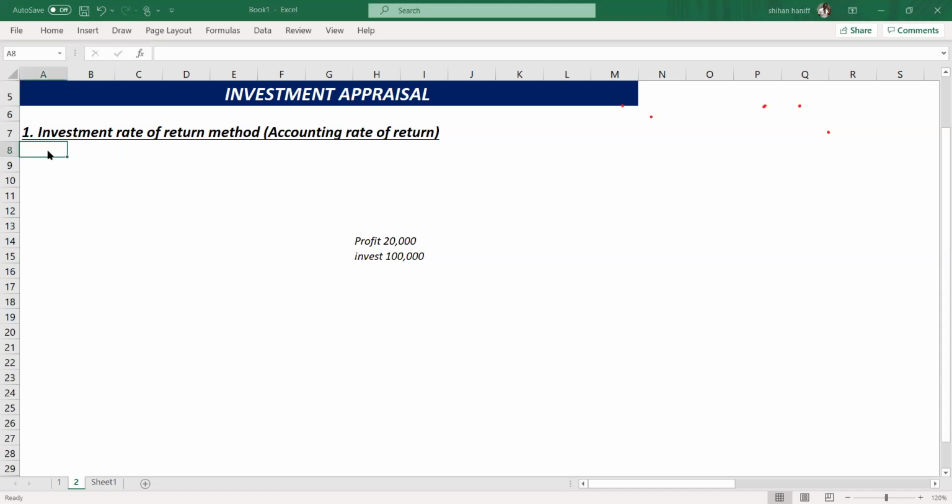So we can write under investment rate of return: this method means the rate of return for the investment. And there is an equation for this.